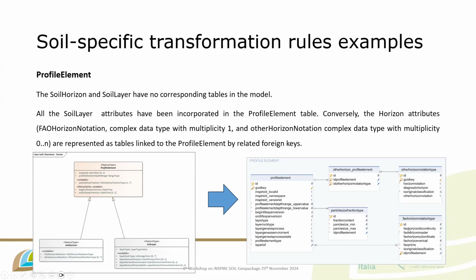And as you can see, the key symbol here and the lens, a specific record in this table is linked to the corresponding horizon through the foreign key, the ID profile element. Hopefully this is clear. But when we open the GeoPackage in QGIS in the next workshop, it will be clear.